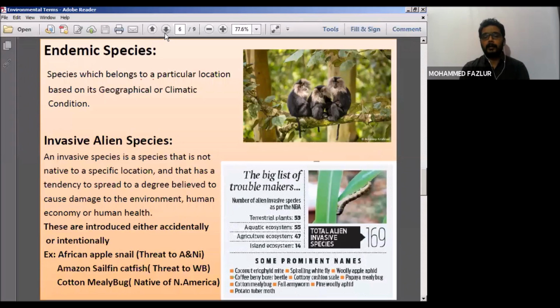Why a specific location? Because they would have been related based on the geographical conditions or environmental conditions, or more importantly the most important factor, that is climatic conditions. Climatic or geographic conditions which are more conducive to that location, hence we can say that these species are related to that particular location only.